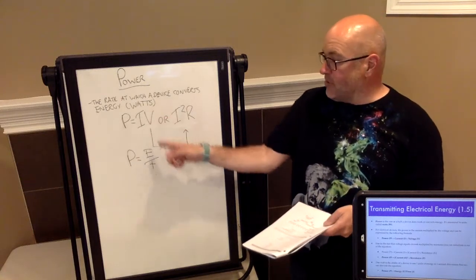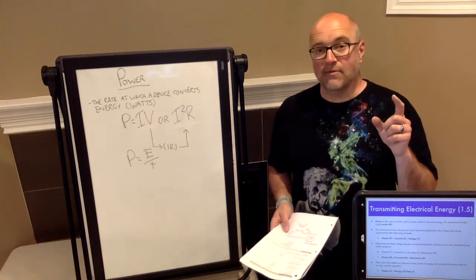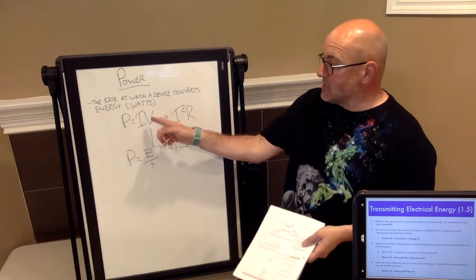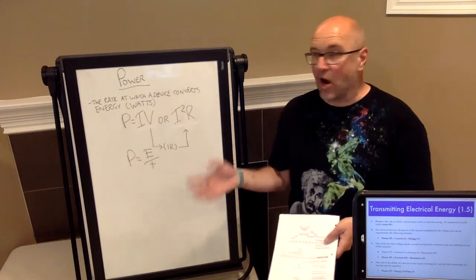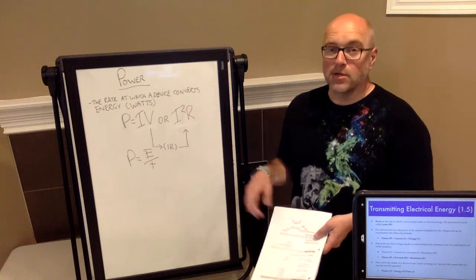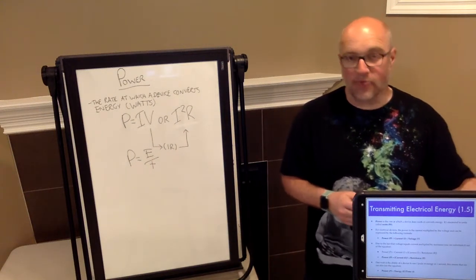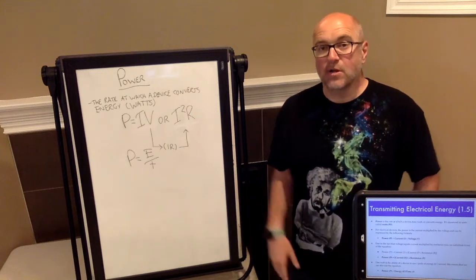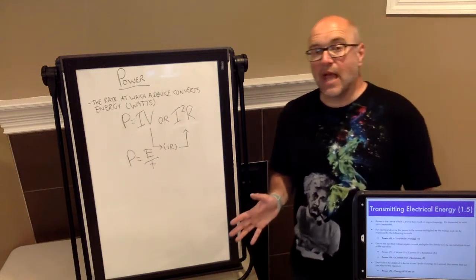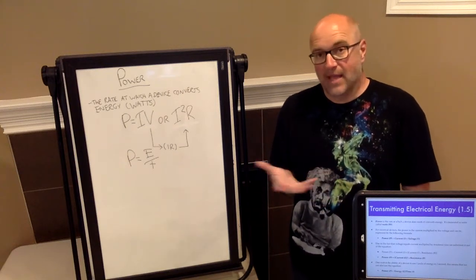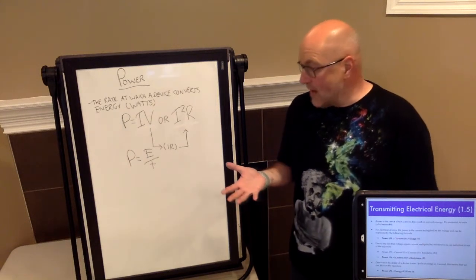And if you take voltage, which we know is current times resistance, you can substitute V with IR, which would give you I times I times R, which you could also show as I squared R. So you could also calculate power by squaring the current and then multiplying it by the resistance in that device or that circuit.